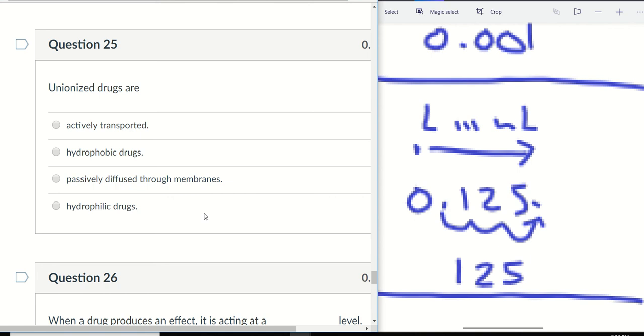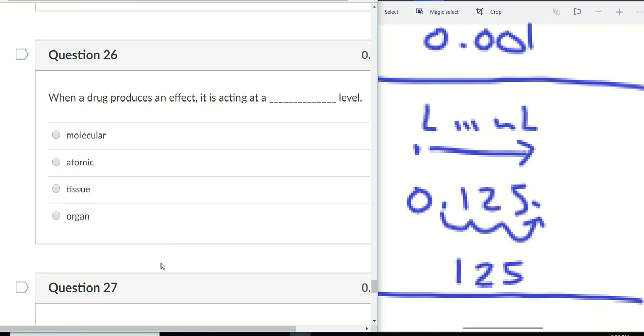No. Uncharged will be like fat. So which of the following would describe something fatty? Hydrophilic, they like water? Or they hate water? So they're going to be hydrophobic. You can't tell if they're going to be transported or not. You can't tell if they're going to be passively diffused or not. But if they're unionized, they don't like water.